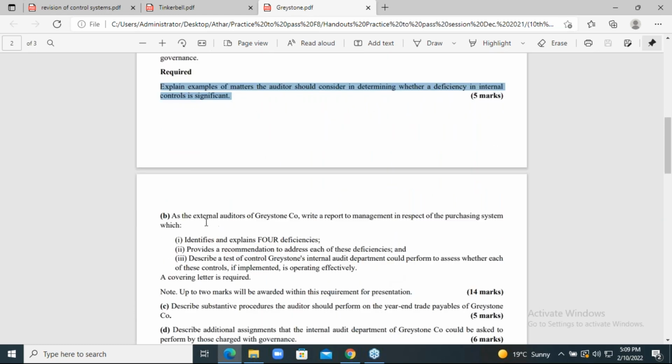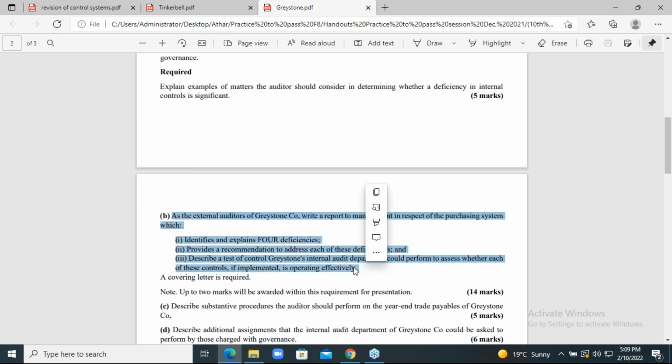This one: as the external auditor of Greystone & Co., write a report to management in respect of the purchasing system, which first of all identifies and explains 4 deficiencies, provides a recommendation to address each of these deficiencies, and describes a test of control Greystone's internal audit department could perform to assess whether each of these controls, if implemented, is operating effectively or not.